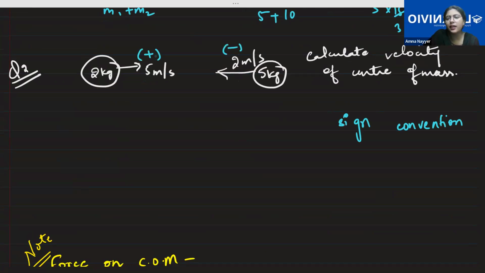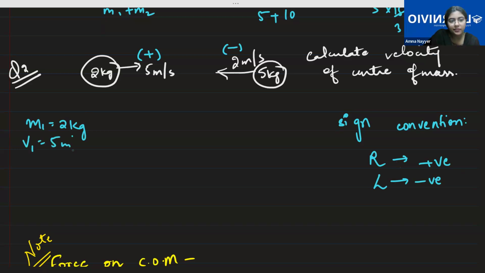My sign convention is that rightwards will be positive, leftwards will be negative. Okay. M1 will be 2 kg, V1 will be 5 meter per second.